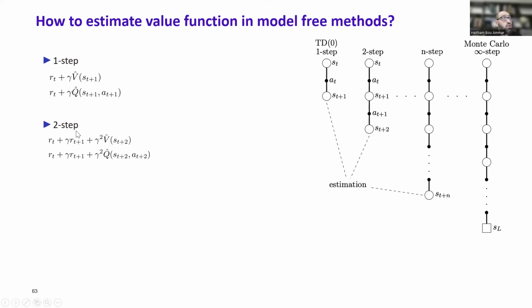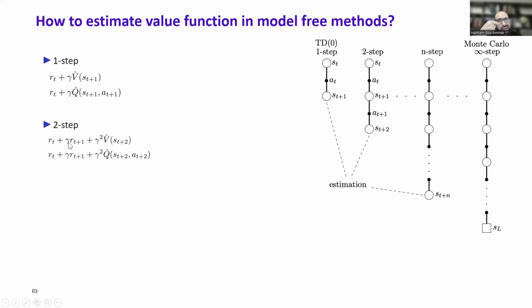However, you can also do two steps, not only one step. You can consider your instantaneous reward, and you can consider your next step reward. So with two steps you would get two rewards, R_t and R_{t+1}, and then you can consider the Q or the value you would get from t+2 forward. So it's going to be R_t plus gamma R_{t+1}, but notice that we have the discount factor.